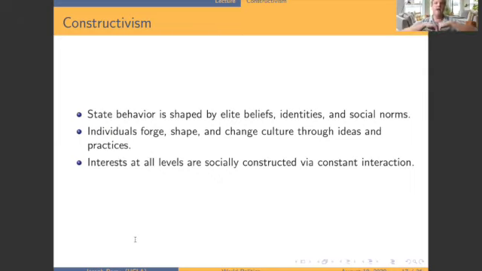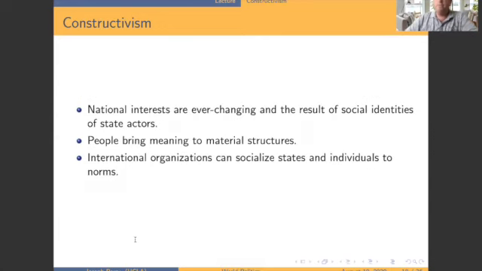When states have divergent identities, it can lead them to have interests and ideals that are opposed to one another. Another aspect of constructivism is the fact that interests and identity are ever changing.